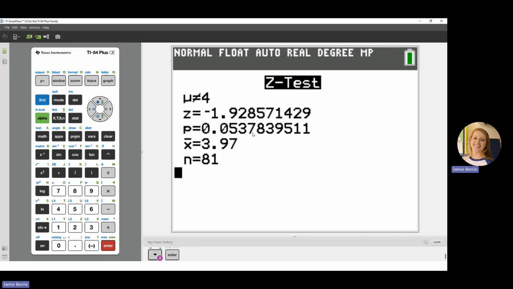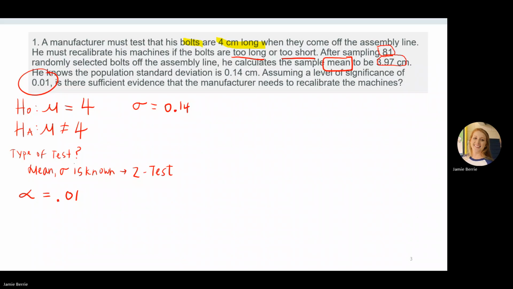All right, so we are just grabbing the p-value off of here. So 0.05. I always do 2 or 3 decimal places for my p-value. So p is 0.05. All right, so now remember the rule. This is our last step of the hypothesis test where we draw a conclusion and then interpret our decision.